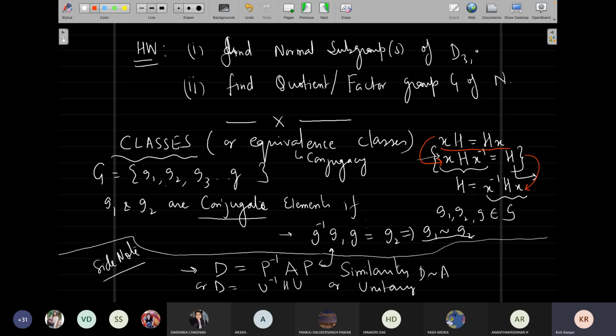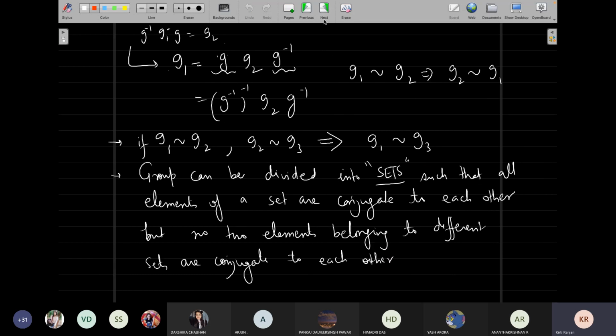The definition of conjugacy is G inverse G1 G equals G2. This is what we used to form the conjugacy classes, and ultimately it is contained in one sentence: the group can be divided into disjoint sets such that all elements of a set are conjugate to each other.